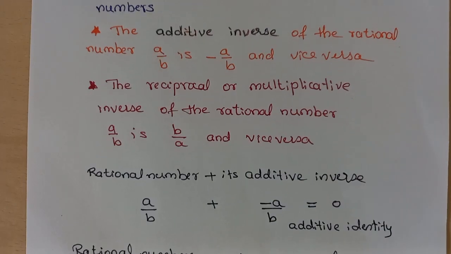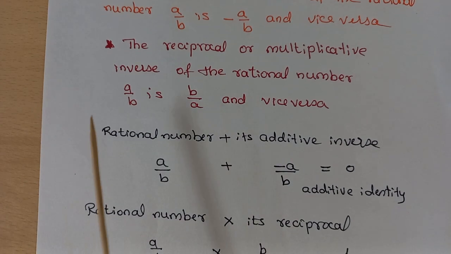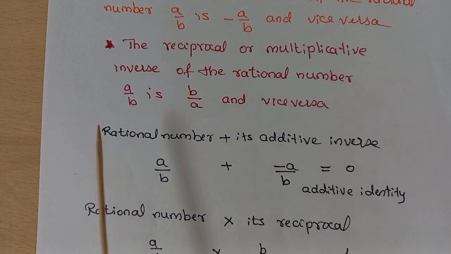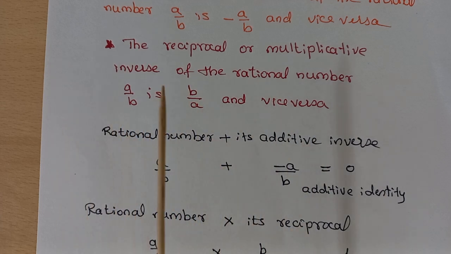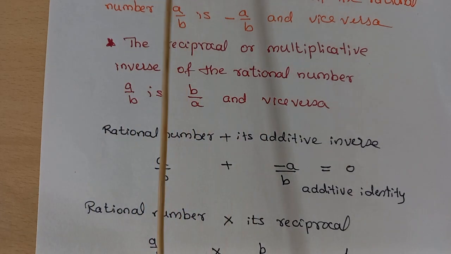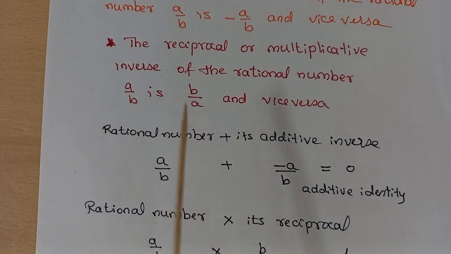And reciprocal or multiplicative inverse of the rational number a by b is b by a and vice versa. Here simply write the reciprocal of the number. Don't change the sign of the rational number. Here for additive inverse you have to change the sign, but for the multiplicative inverse simply write the reciprocal without disturbing the sign of the rational number.